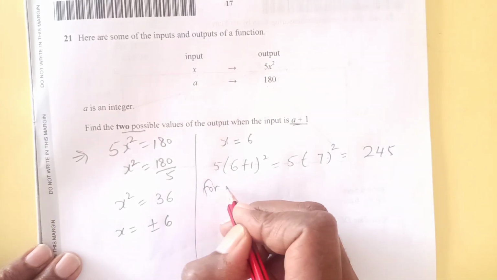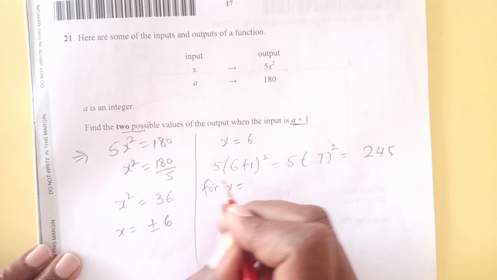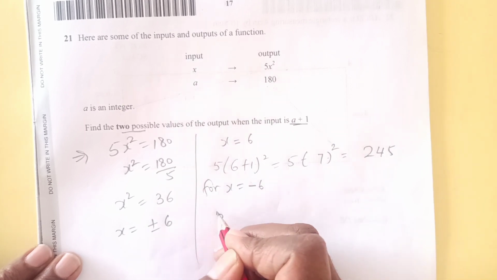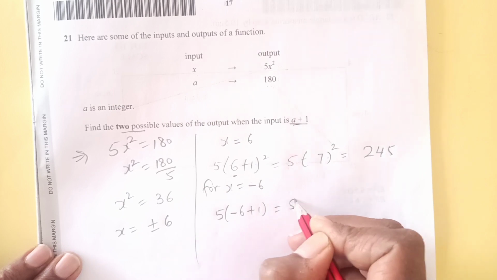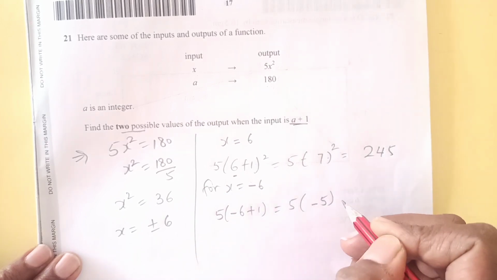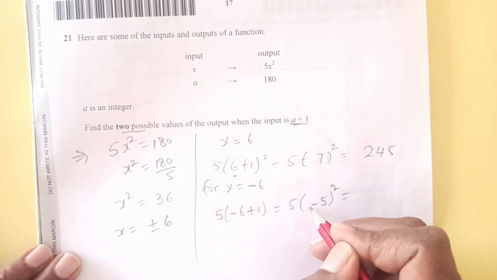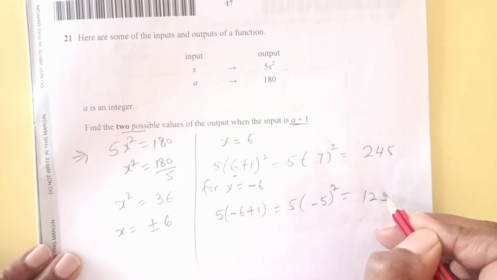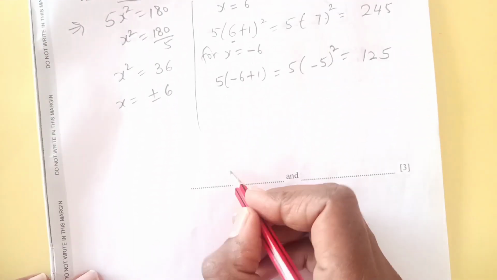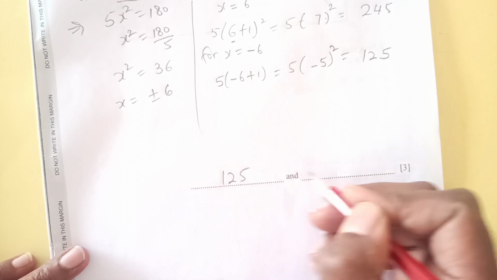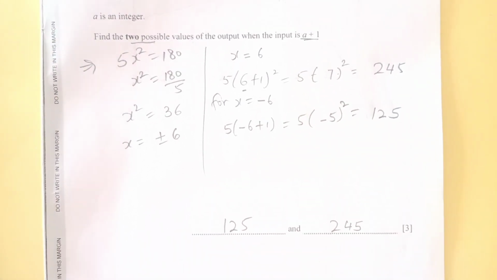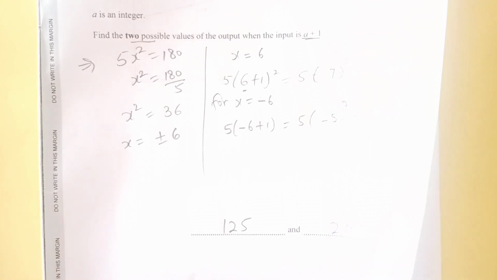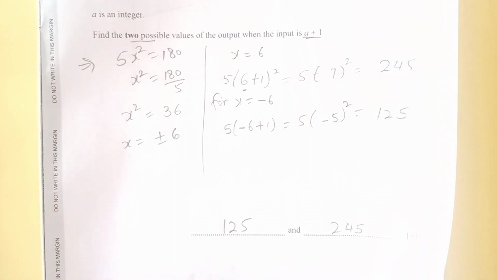So for x equals negative 6, this will become negative 6 plus 1, that is 5 into minus 5 squared, which is 125. So we have two answers here, 125 and 245. Okay, this is a 3 marks question, a bit tricky, but go step by step.